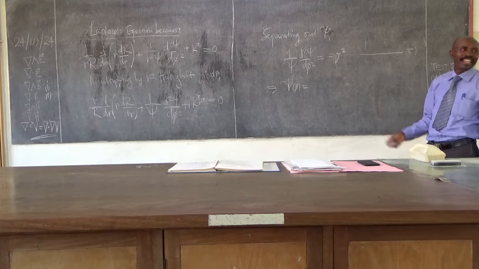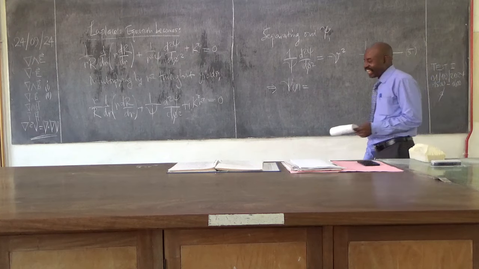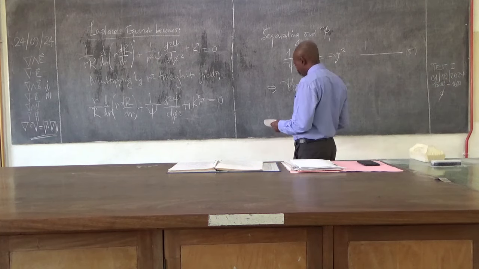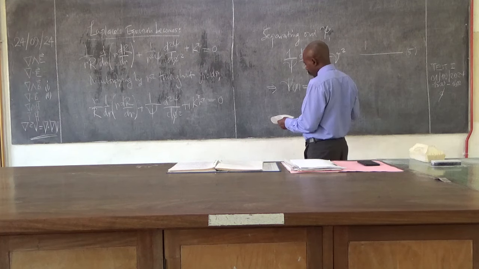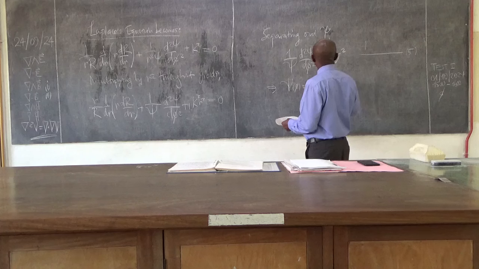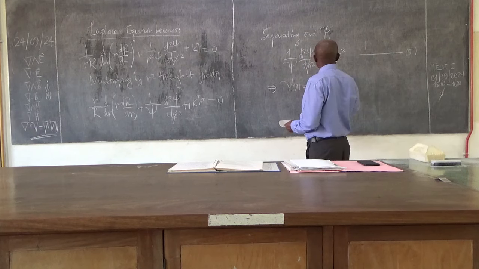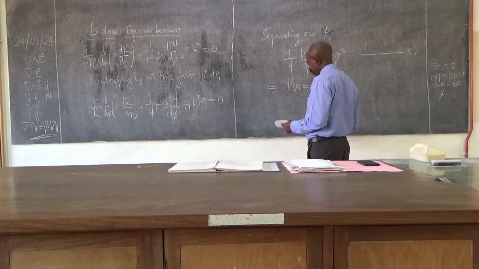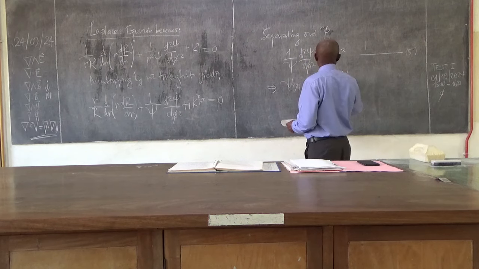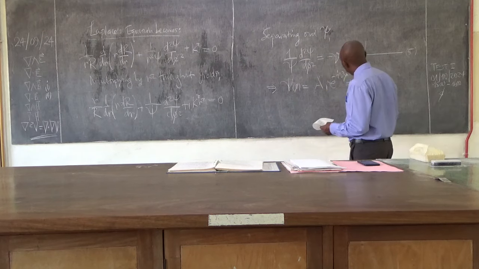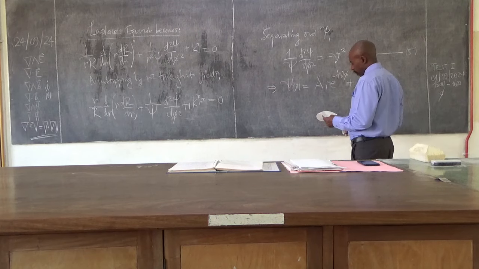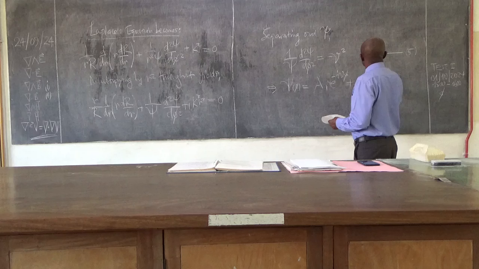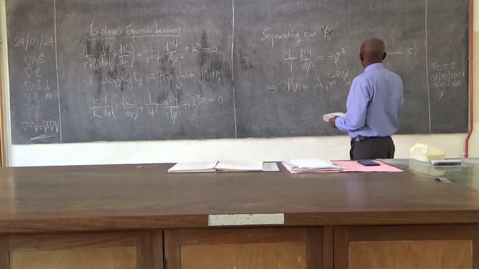This would be some constant k1 exponential i nu phi, plus b1 exponential minus i nu phi.